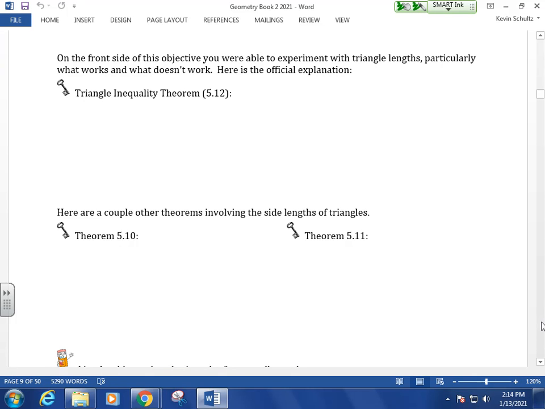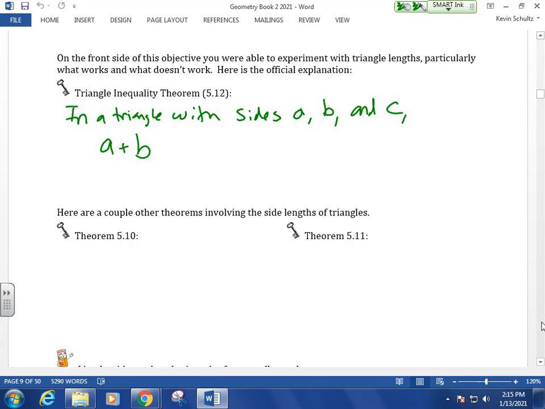The triangle inequality theorem states that in a triangle with sides A, B, and C, A plus B must be greater than C. Okay?